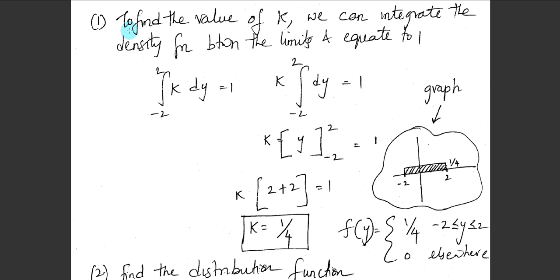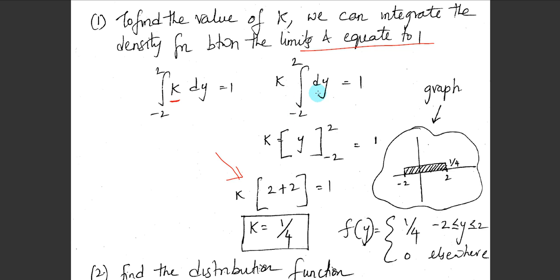To find the value of k, we can simply integrate the density function between the limits and equate it to 1, because only when we integrate a density function between its limits do we get the value of 1. So we can use this technique to find an unknown variable, which is k in this case. So we integrate k dy between -2 and +2 and equate it to 1.